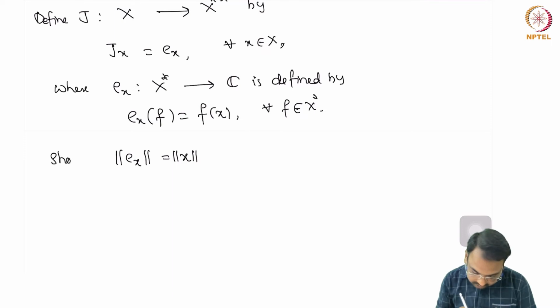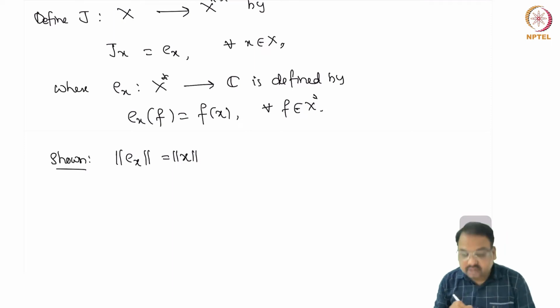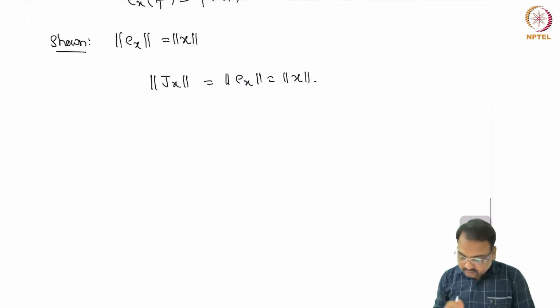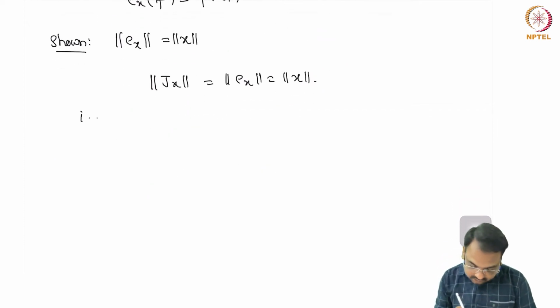So this we have already shown. That means we have norm of Jx is exactly norm Ex, that is norm x. So that means we can say that J is an isometry.